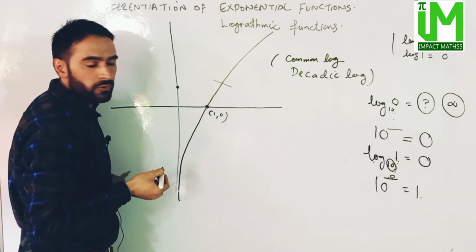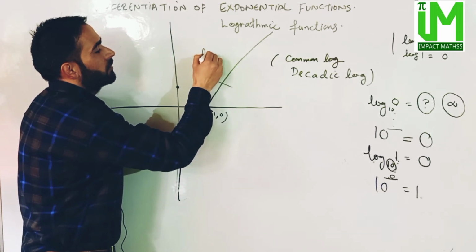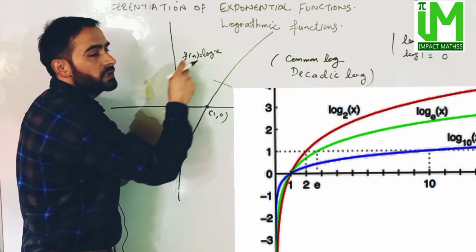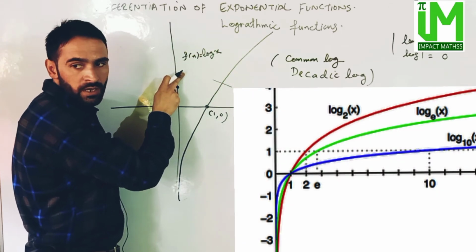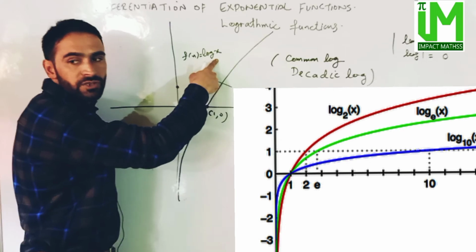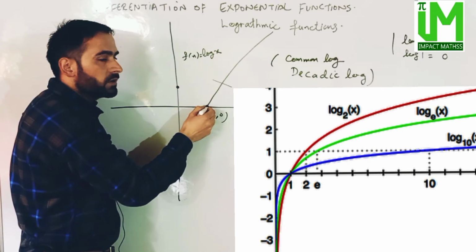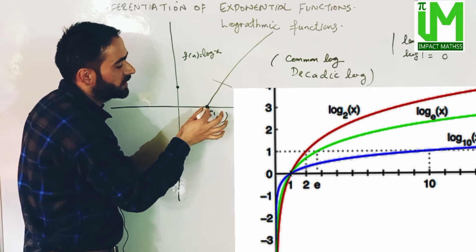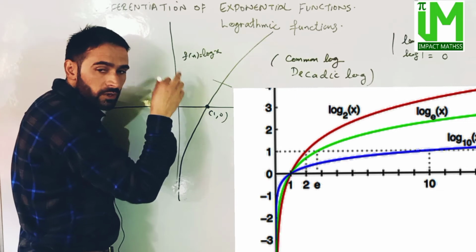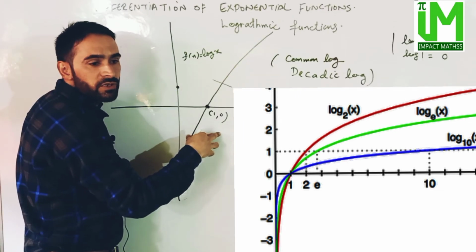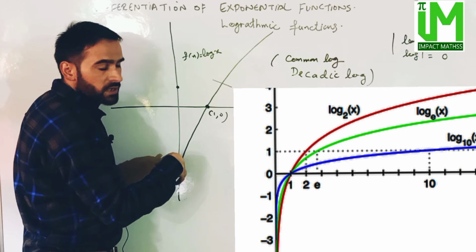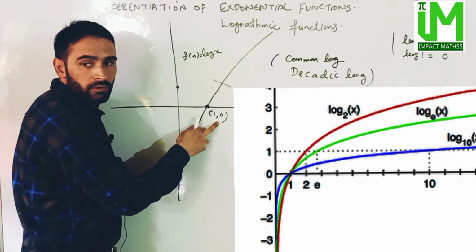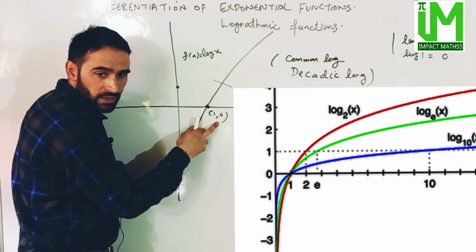This is the graph of f of x equal to log of x, to any base, whether the base is e or base 10. A property of this logarithmic function is that for any base, the graph will always pass through the point 1, 0.